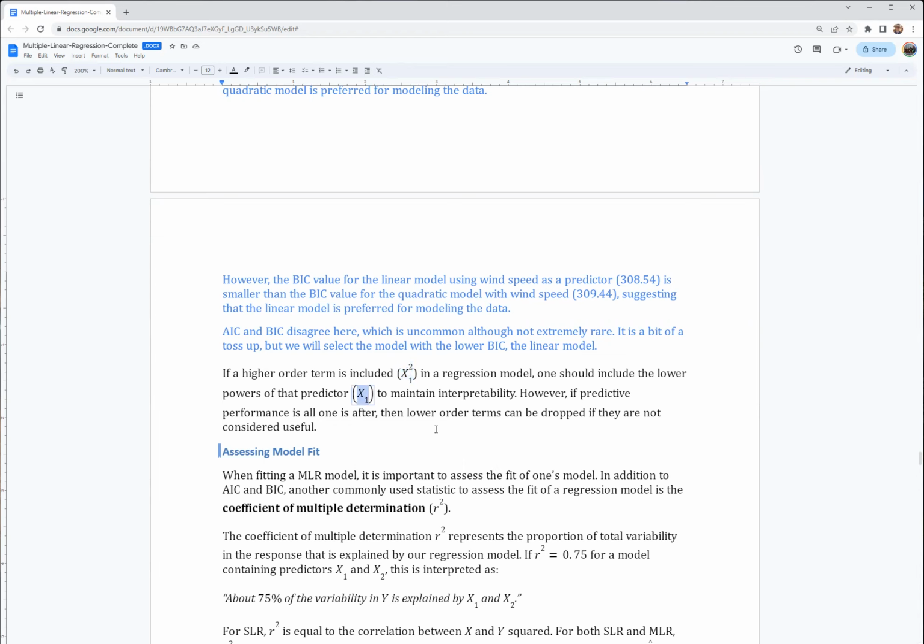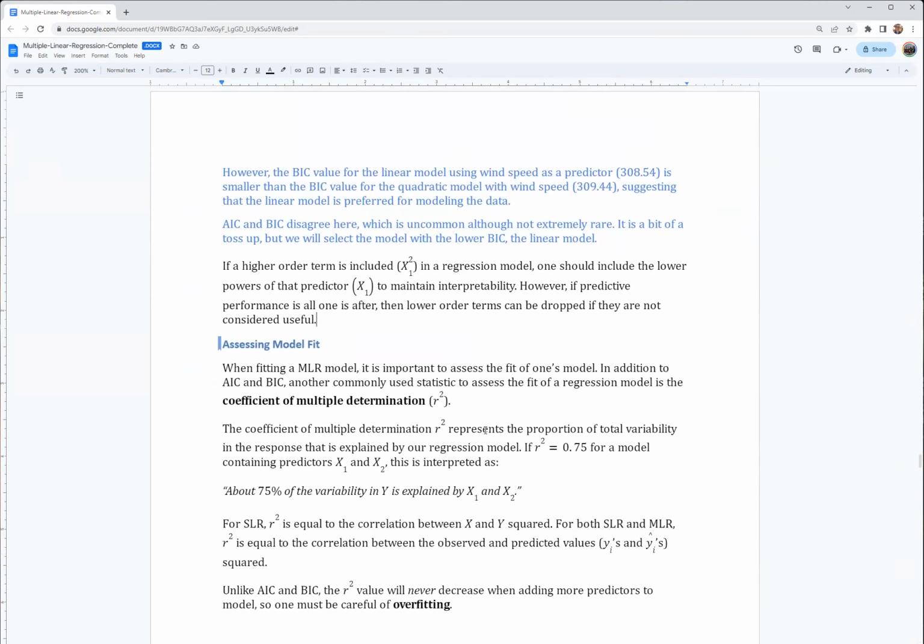A data scientist, or someone in predictive modeling, would say, oh, if this one has the lower BIC for that model with just the squared term, go ahead, just keep that. Who cares about interpretability? So, it depends on the context. Are you looking for interpretability or just predictive power?